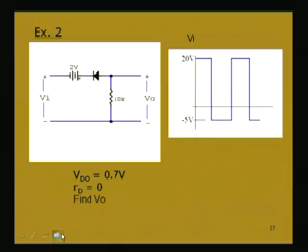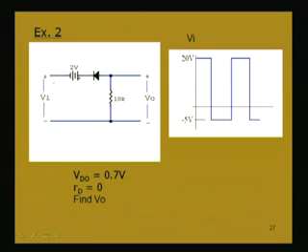Now, let us consider another example of a clamper circuit. Here, let us consider this diode is not ideal, it has a 0.7 volt drop, and resistance is 0. We are applying Vi, which is an asymmetrical wave having a square wave shape, with peak voltage in the positive half cycle of 20 volt and negative of minus 5 volt.